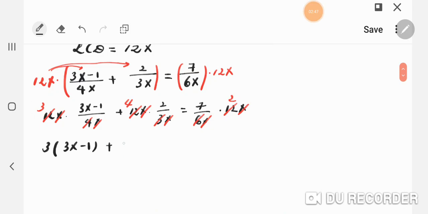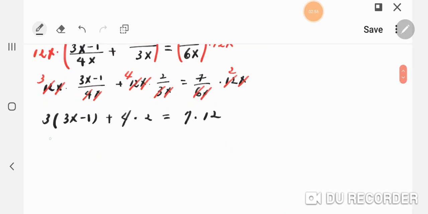Then plus 4 times 2, and this one is 7 times 12. Then the left side is 9x minus 3 plus 8 equals 84.